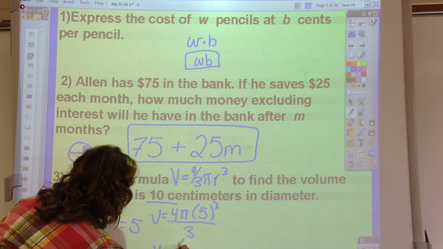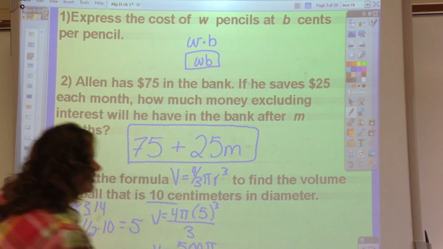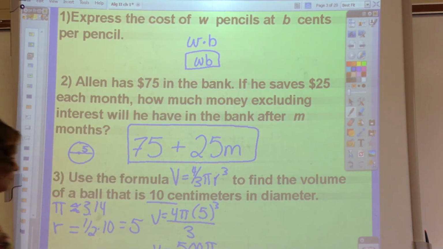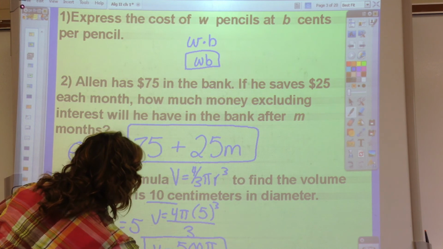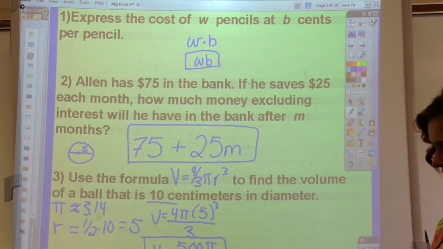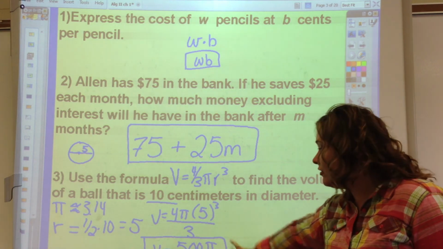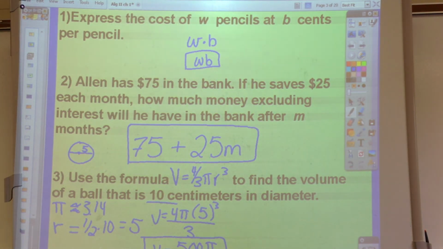And when I multiply that by 4, I get 500. Go ahead and plug that into your calculator and make sure that you agree with me. At this point, this is our exact solution. To find the approximate solution, we would plug in a value for pi. And I'm going to go ahead and let you simplify that on your own. Either utilize your pi symbol on your calculator or 3.14.